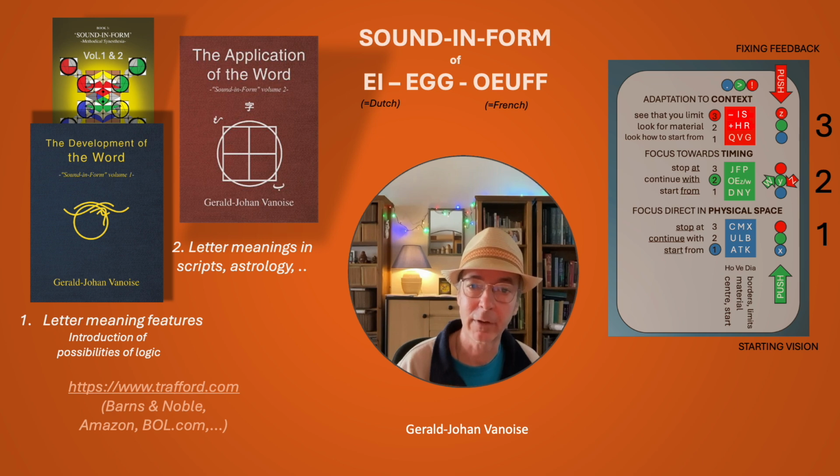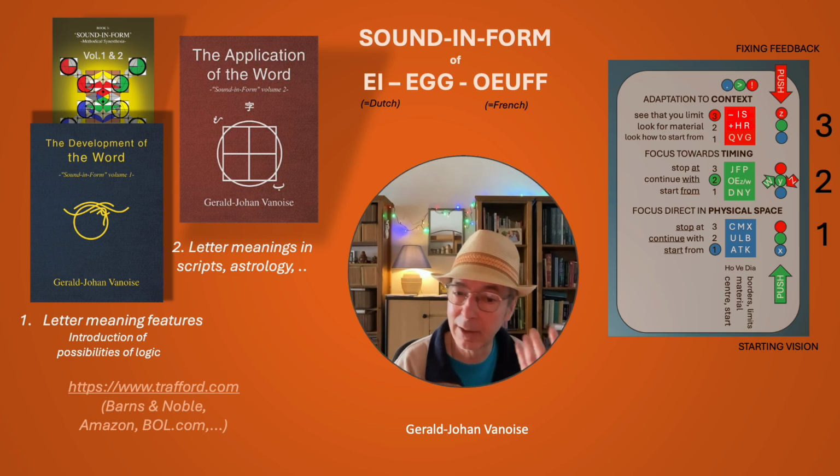And I have a comparison between the Dutch word ei, the English word egg, and the French word œuf. You will sense that there are differences, and maybe there are some causes for this as well. Let's hear myself again in the previous video, and then I will work that out.